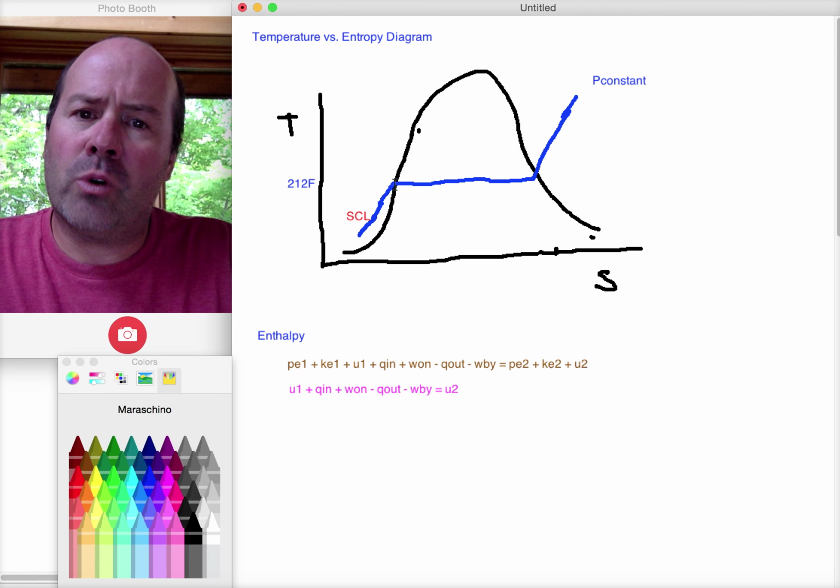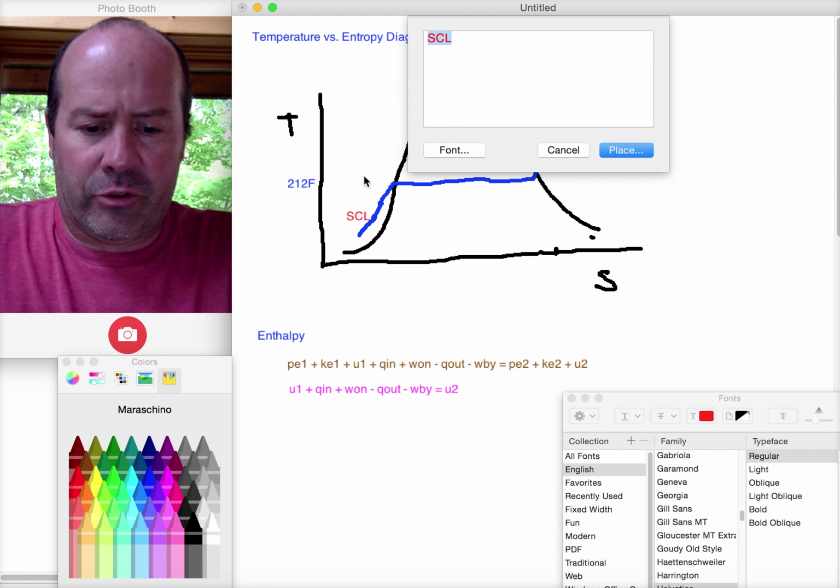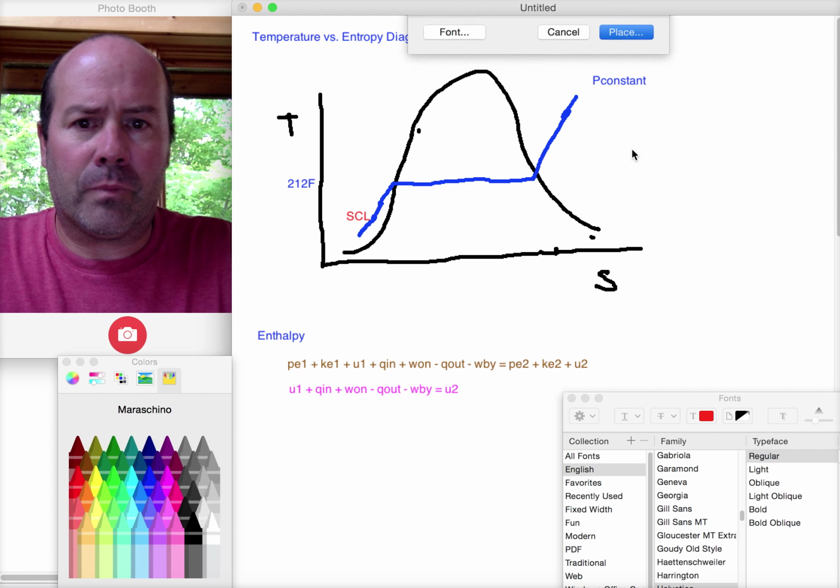And then when it gets to 212 degrees, it gets to this point right here at the left of the vapor dome, and we use the letters S, L. We call that a saturated liquid.